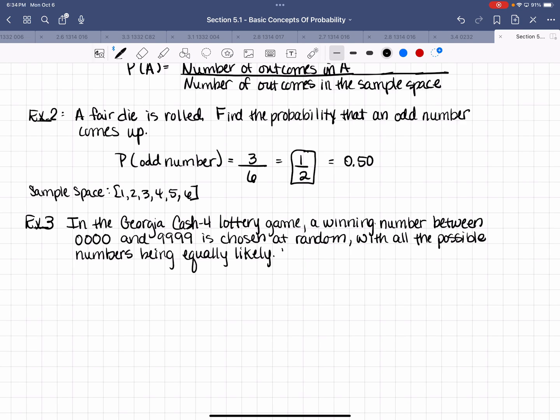What is the probability that all 4 digits of the winning number are the same? Let's just say all 4 digits are the same. Okay.